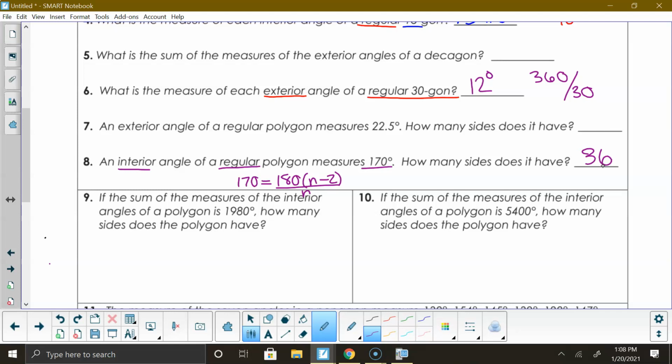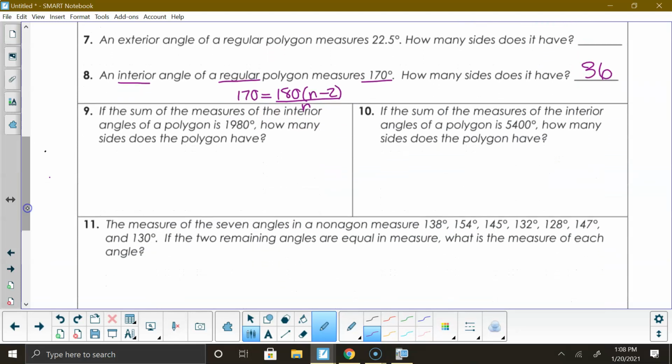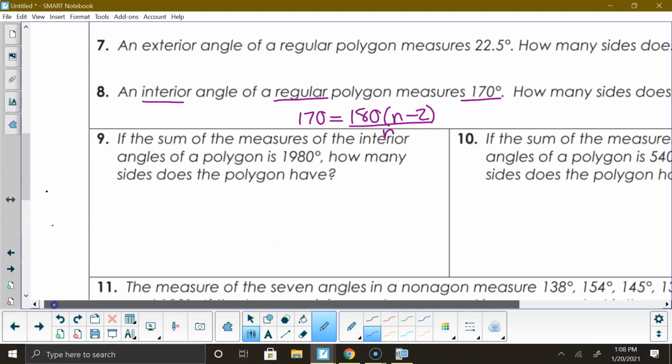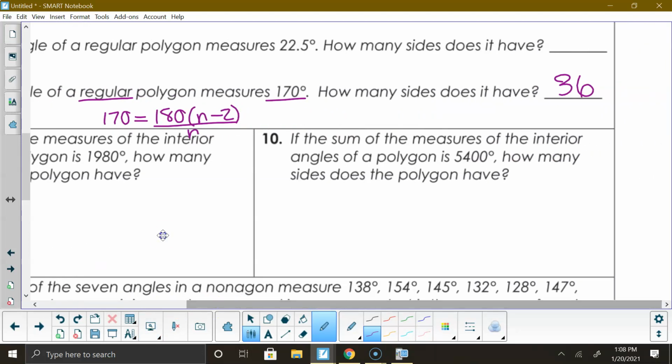Alright, who wants to read number 10 for me? Alrighty. So what's important out of that? What do you think is important out of that? Okay. Are you talking interior or exterior?